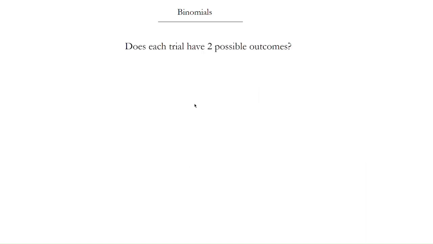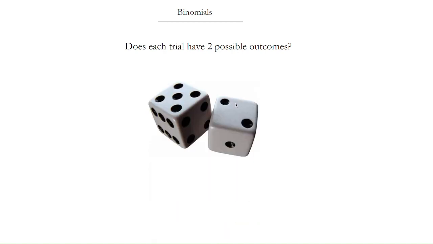What do I mean when I say does each trial have two possible outcomes? That's what a binomial is. A binomial does have two possible outcomes, but you might think that this example I'm going to give you does not have two possible outcomes. Let's say you're rolling a die. You might think the die has six possible outcomes, but what you're recording is one and not one.